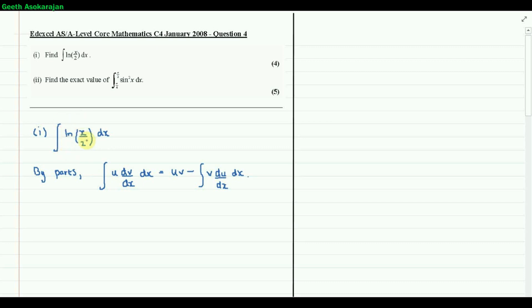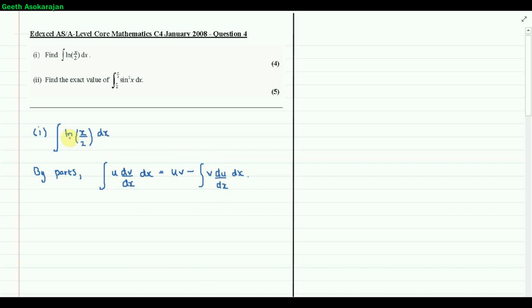Now, if you're integrating ln in particular by parts, I would say choose u always to be the natural logarithmic function, and dv/dx will be the remaining term when applying the by parts formula. We need to choose our u and dv/dx such that the integral of v du/dx is easy to integrate.